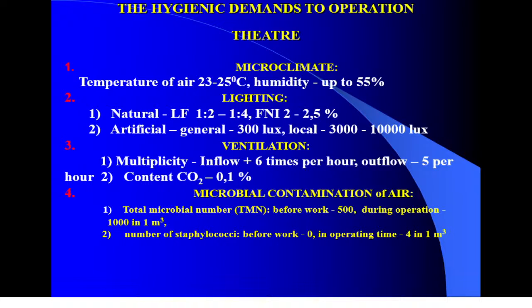Ventilation. Only artificial ventilation must be in operation theater. Mixed type: inflow 6 times per hour, outflow 5 times per hour. And carbon dioxide same as other premises, 0.1%. Height of operation theater must be not less than 3.5 meters.